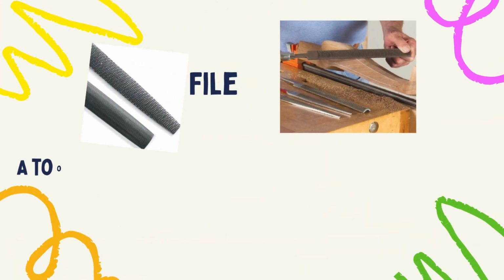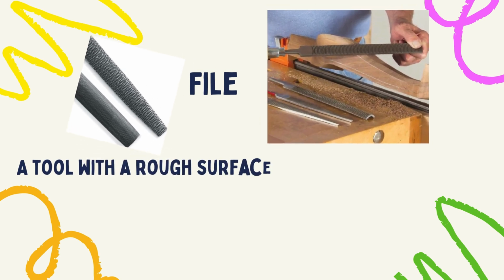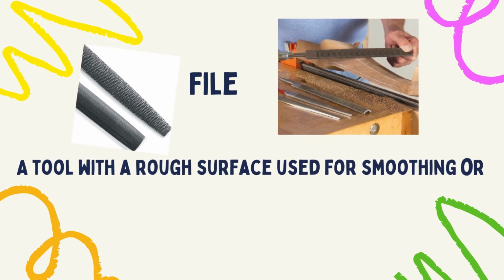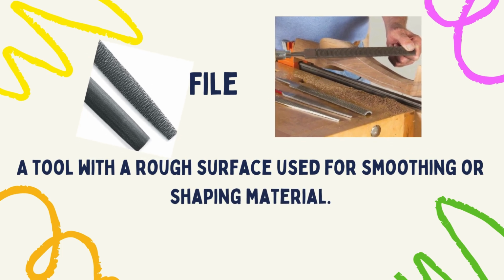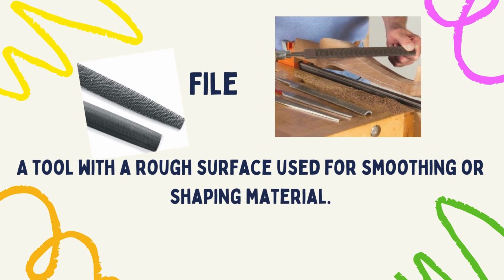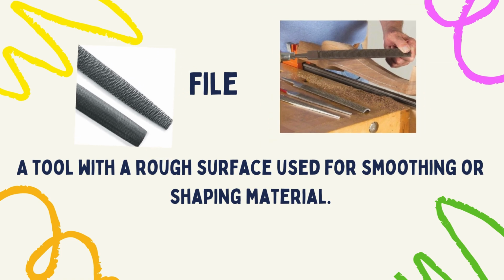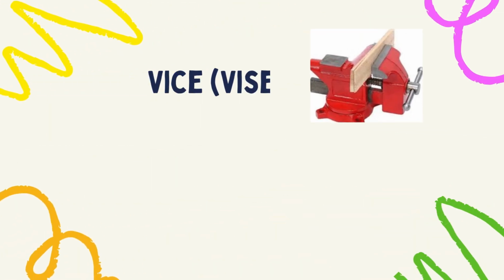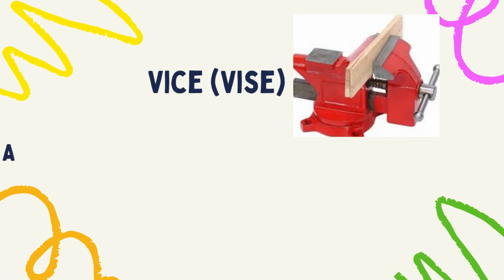File. A tool with a rough surface used for smoothing or shaping material. Vise, vise.